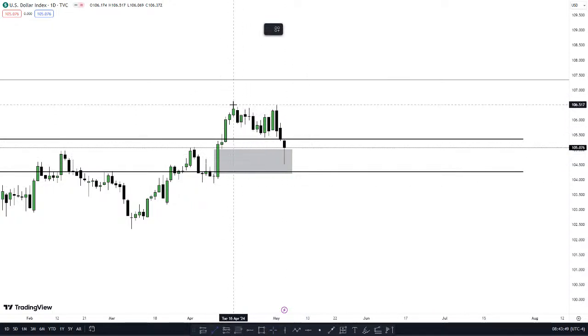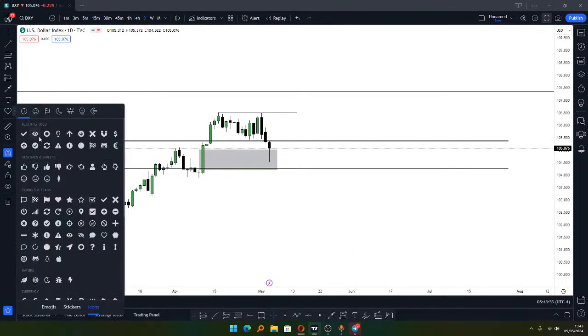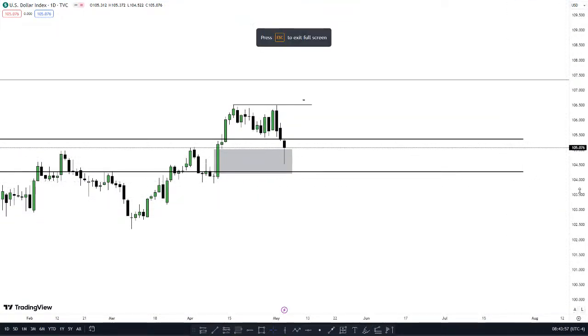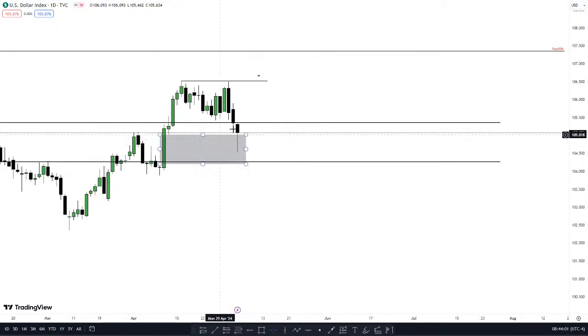So this is the first target that I'm going to be having. So now, this was NFP. This was Friday. It did good. I expected a drawback from the NFP.